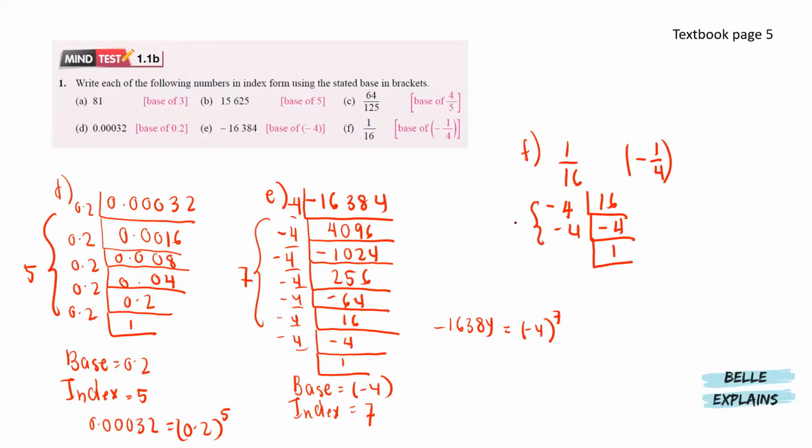So here we have a repetition of 2, which means the base is -4 and the index is 2. Since this was only done for the denominator, we have 1/16 is 1 over base -4, and that will give us a square here.